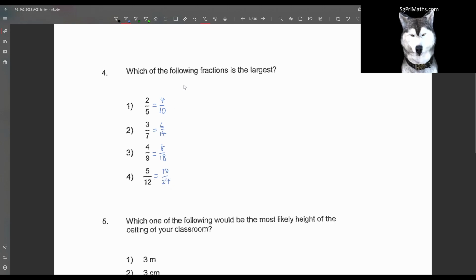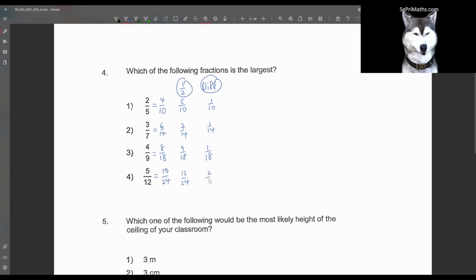So when compared to the equivalent of half, it's 5 over 10, 7 over 14, 9 over 18, and this is 12 over 24. You can see that the difference is 1 over 10, 1 over 14, 1 over 18.